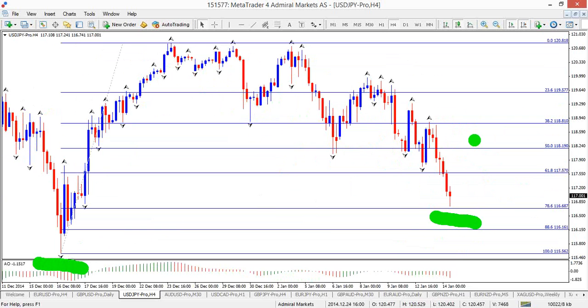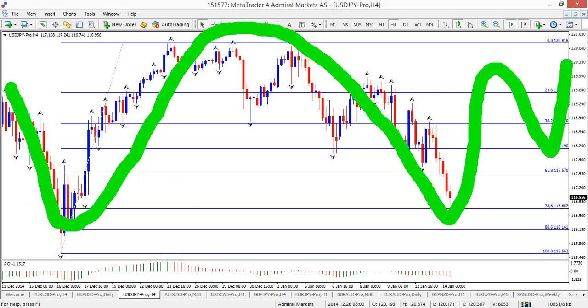And a conservative target, because we are in a downtrend, could be just aiming for a bounce. A more aggressive target would be aiming all the way up at 127, because that's how far the bounce could be, perhaps. If indeed this turns out to be a triangle, and then we break after the triangle to the upside.